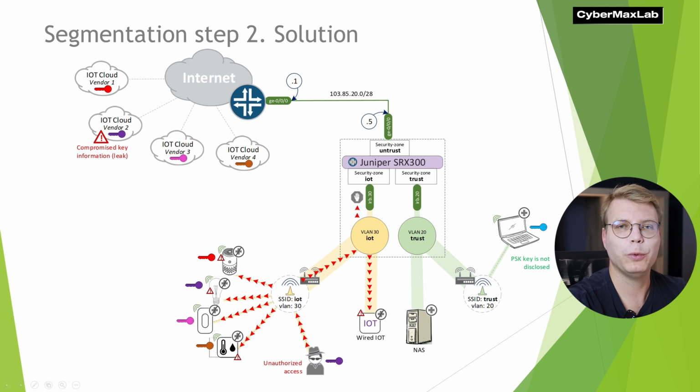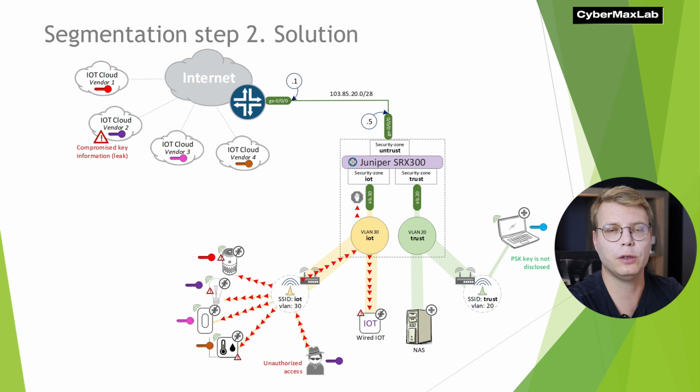So let's have a look at what we can do. There is a nice feature called multiple PSKs for the wireless network. By doing that, and this is what I do, for example, we can create a dedicated key for the same SSID for each vendor you are using at your home.